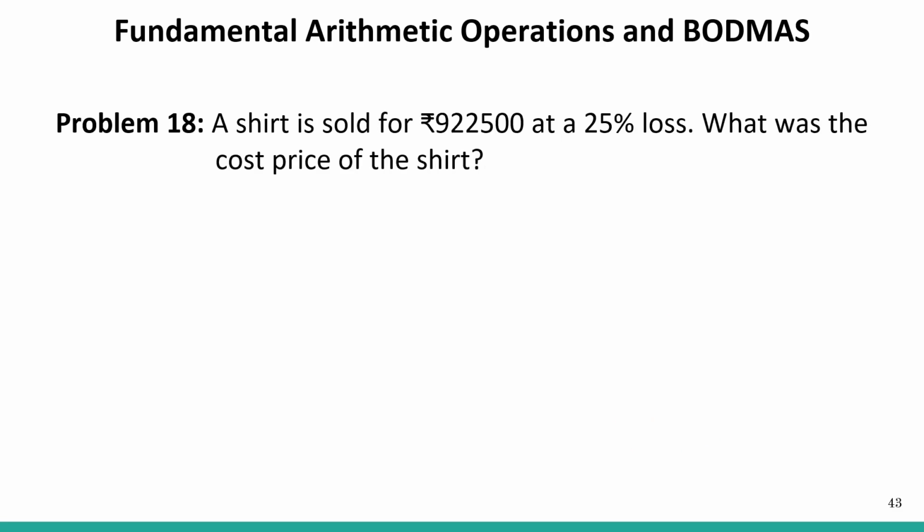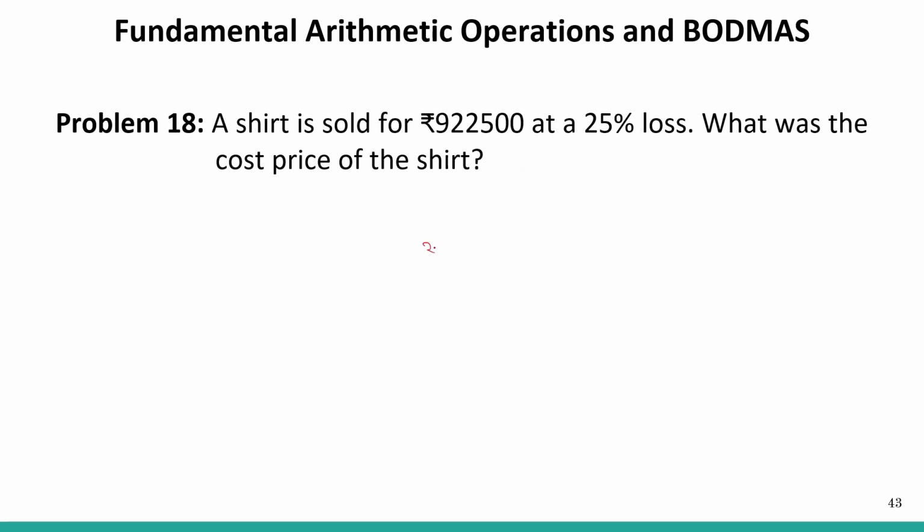Okay. So a shirt is sold for 9,22,500 at 25% loss. So what was the cost of the shirt? Okay.